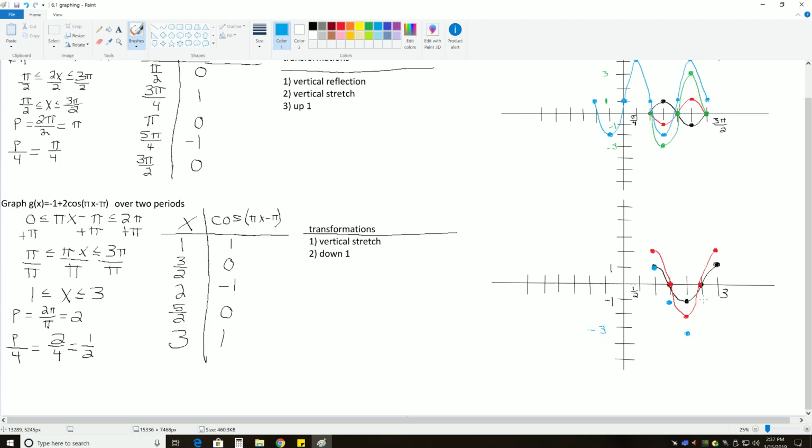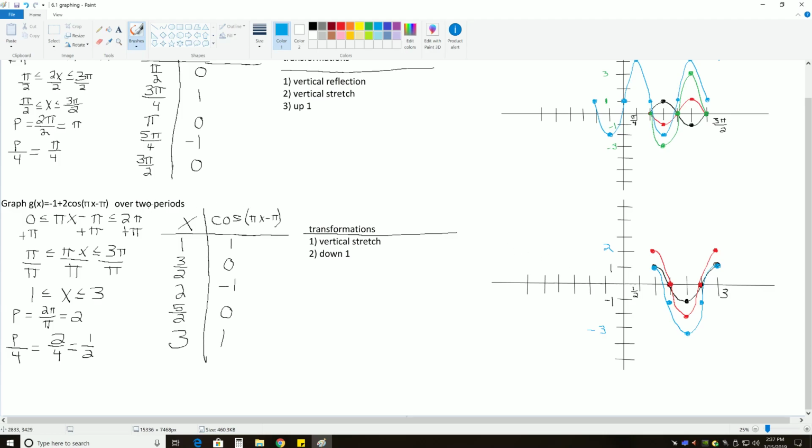This 0 will go down to -1. And finally, this 2, which we'll make a note of here, will go down to where it originally started, at 1, which gives us a final graph that looks something like this. It doesn't have to be perfect, just a general sketch.